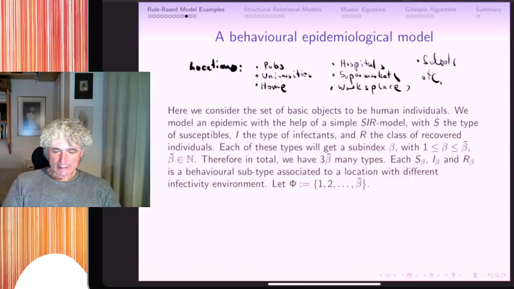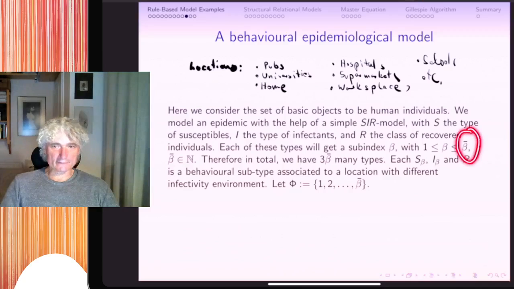But we are very flexible with our model here, so we can reflect all these statistics that possibly can be done. And so we introduce a subindex beta here, which is a subindex to each of these types S, I, R. So we have a lot of subtypes, and there are beta bar many of them.